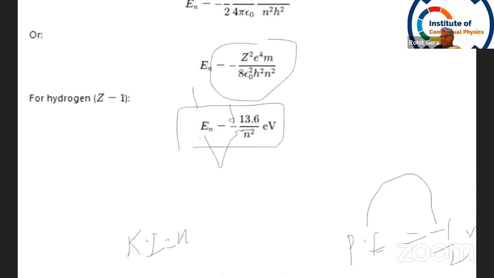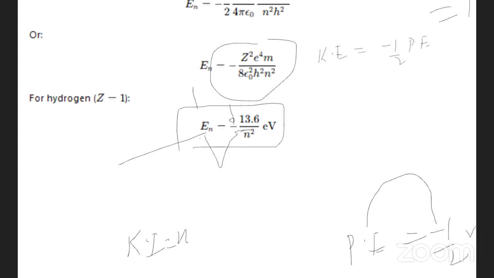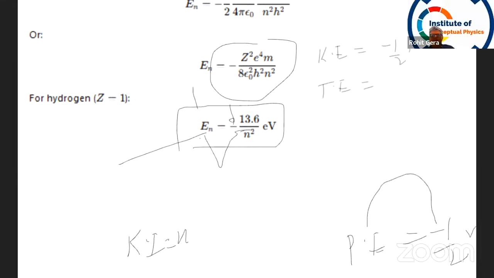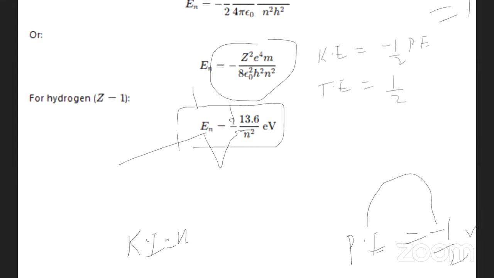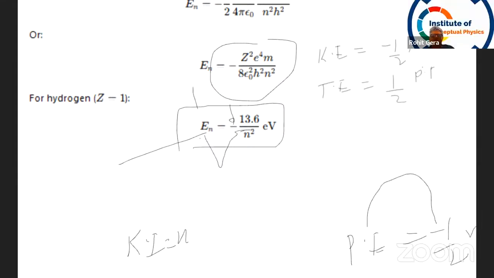If this is your total energy and you want to find the kinetic energy, you know that kinetic energy is given by minus half PE. Total energy is given by half of what? Half of PE, but with positive sign.